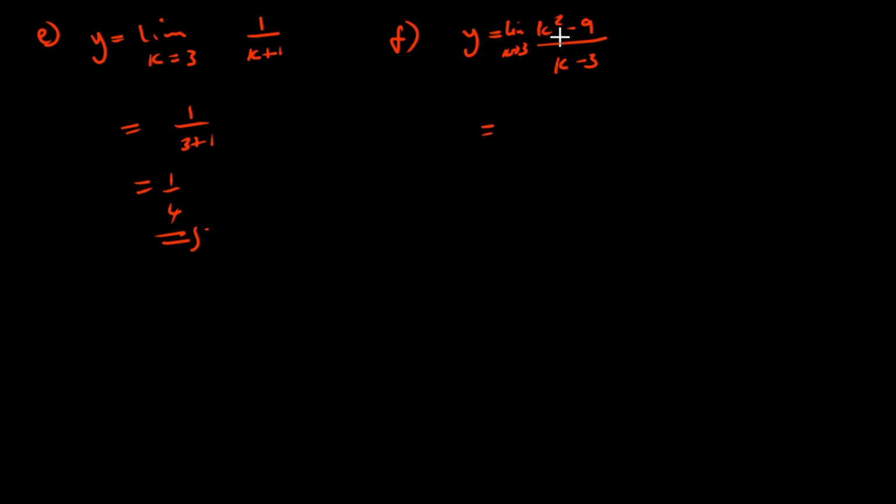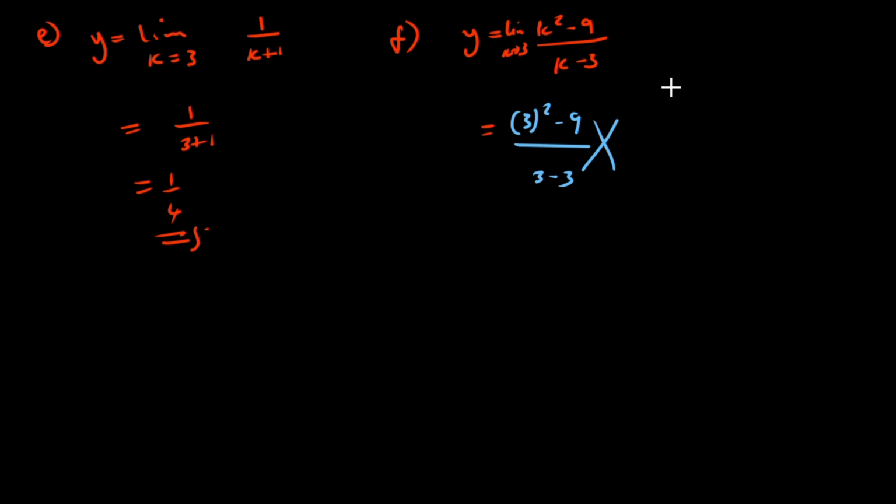It means if I am to put this 3 everywhere, I'm going to have a problem because I'm going to have 3 squared minus 9 all over 3 minus 3. And the denominator is going to be 0. And we don't want this situation. So we have to think about a way to get around this.